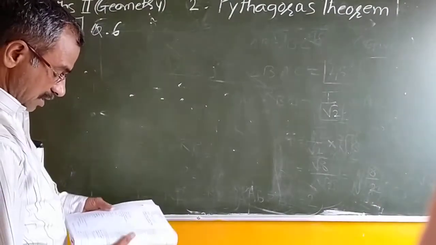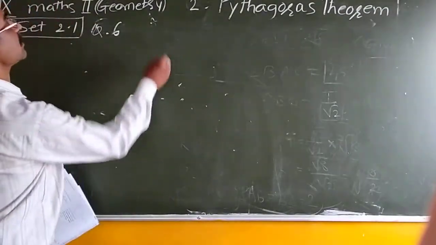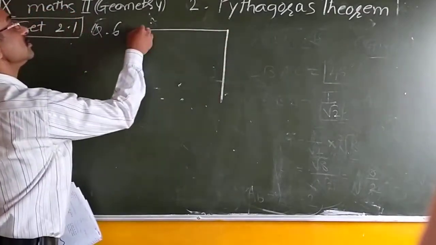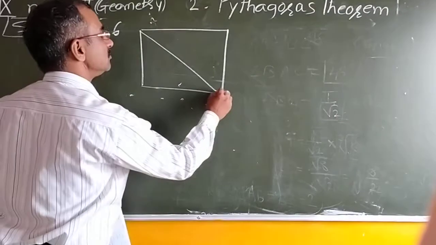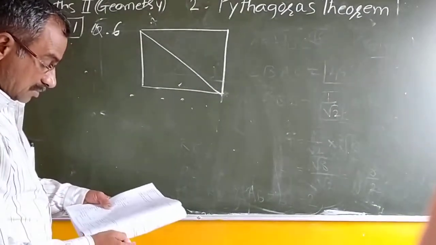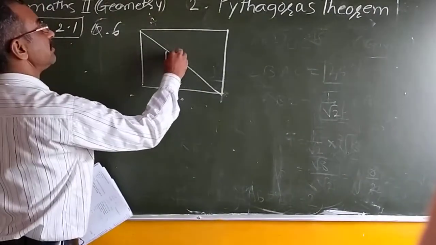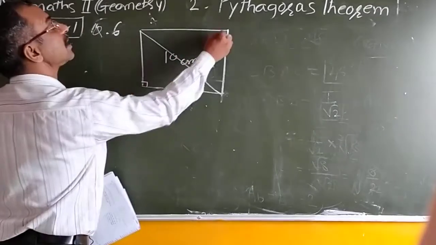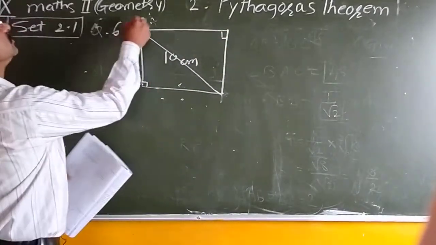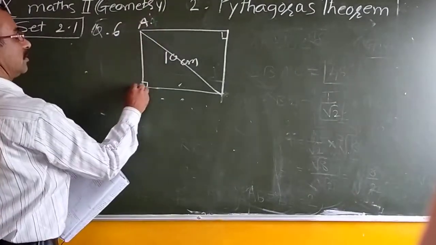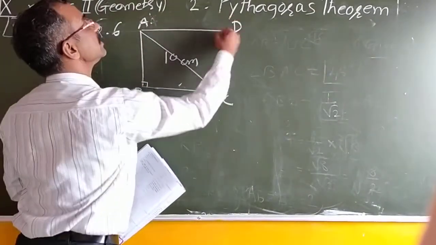What is given? Again, the diagram of a square is given. Then there is the hypotenuse, the diagonal, which is 10 centimeter. It is a right angle triangle. ABCD is a square.